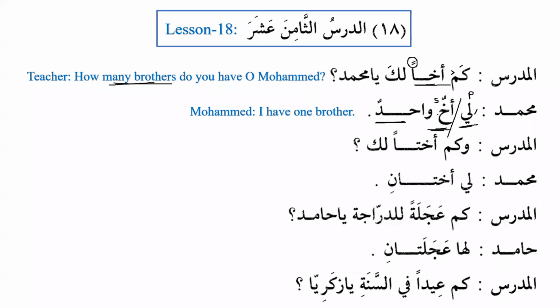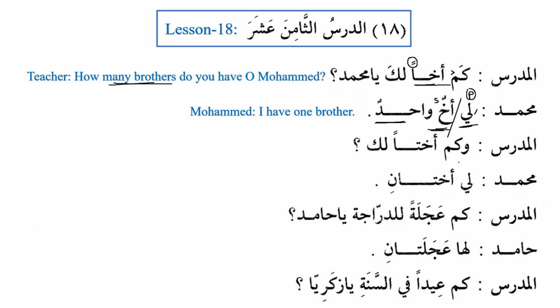It is nakira. So akhun is nakira. So two things you need to remember. Whenever prepositional phrase comes in the beginning of the sentence, it will always be a predicate. That's number 1. And number 2, the subject generally will be an indefinite noun. It will be nakira, as we can see over here. Li akhun wahidun. I have one brother.